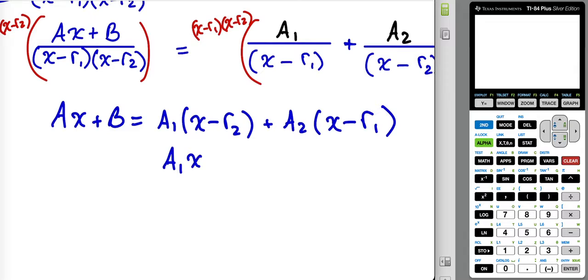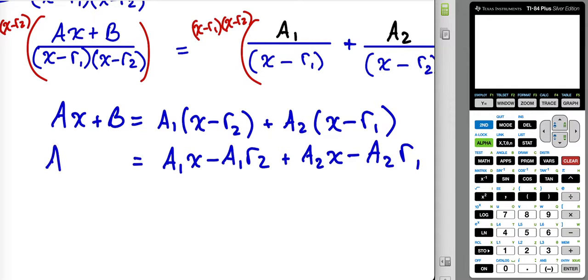I'd have a1x minus a1r2 plus a2x minus a2r1. And that's equal to ax plus b. So to solve here, anything that's got an x can be set equal to one another.